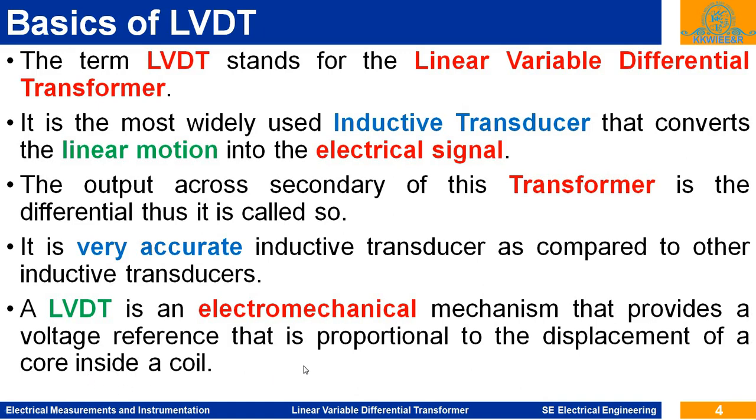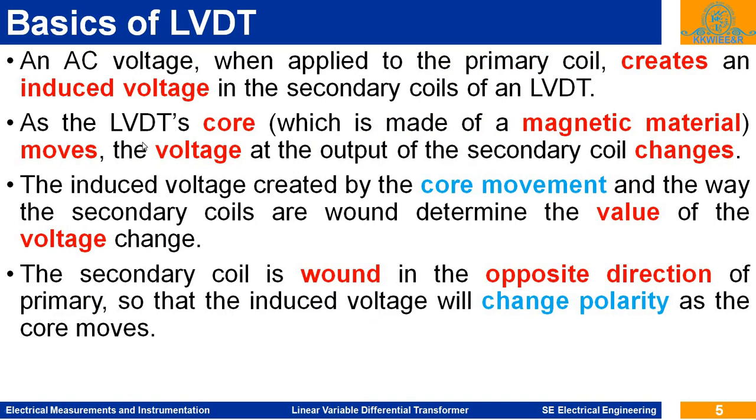Inside the coil there is a soft iron core, and when this core, which is attached to the linear displacement motion of any machine part, moves, a voltage proportional to the displacement of the core is induced on the secondary side, and there is a difference between the two voltages. So this is the basic of LVDT.